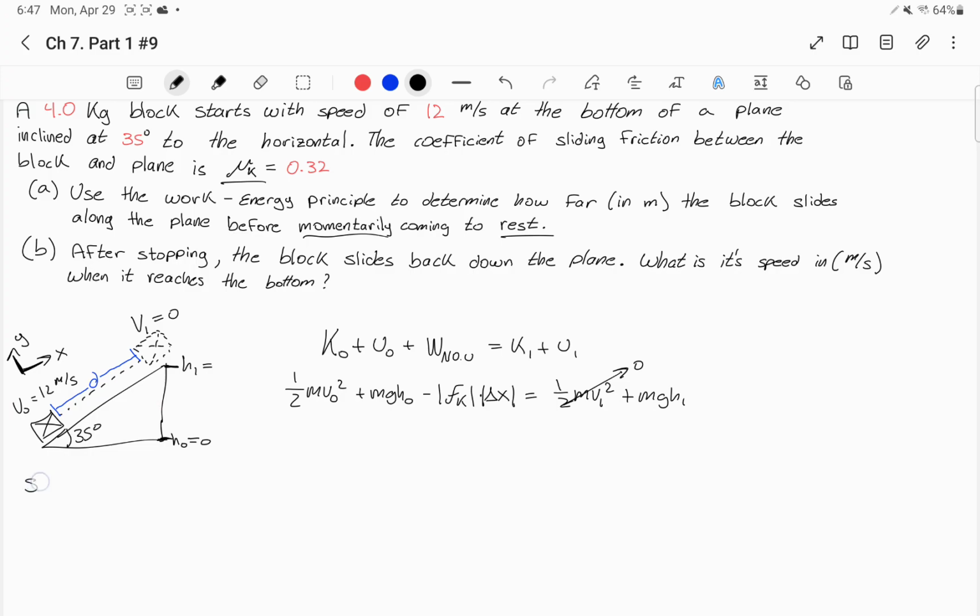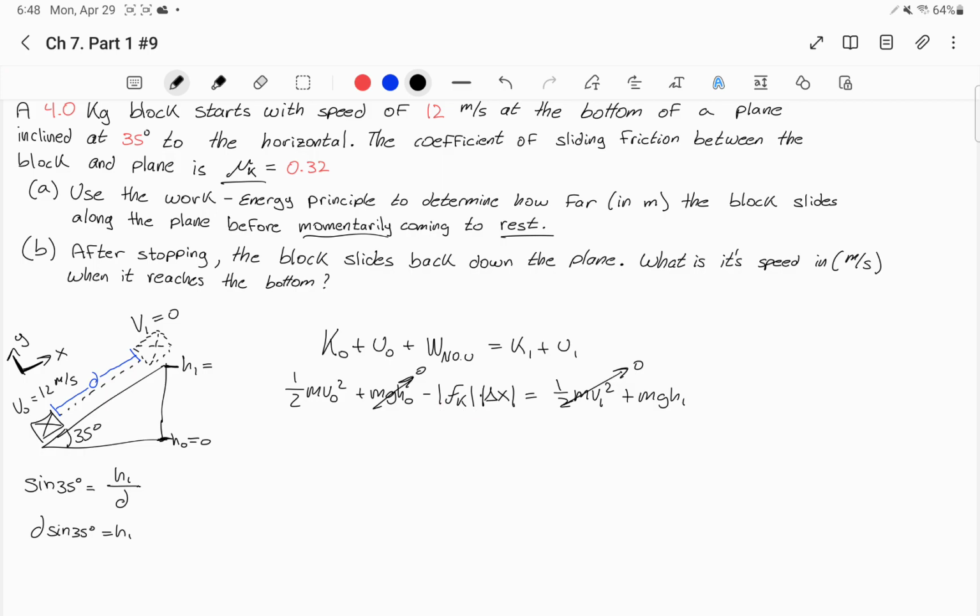So we're going to have sine of 35 degrees is equal to this distance right here, which is h1, all over the hypotenuse, because we know that sine is opposite over hypotenuse, and the hypotenuse is the distance that the block traveled, which we can call d. So this would just be d sine of 35 degrees is equal to h sub 1. We said that the initial height is 0, so we can take that out as well.